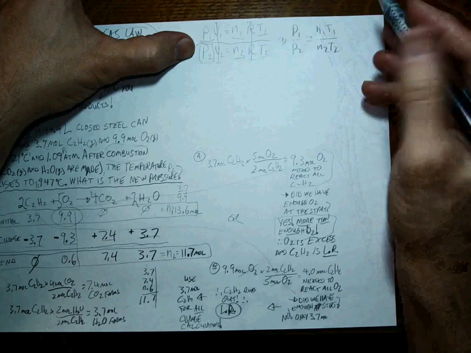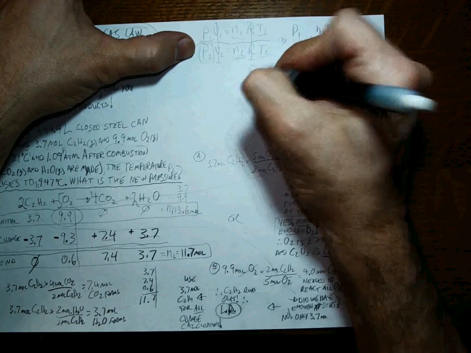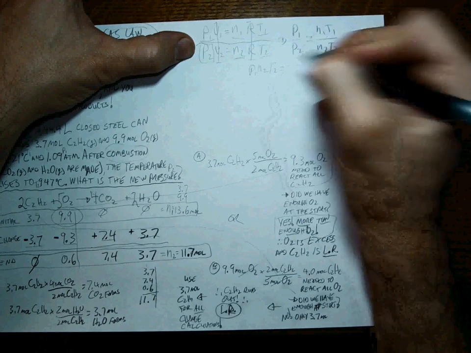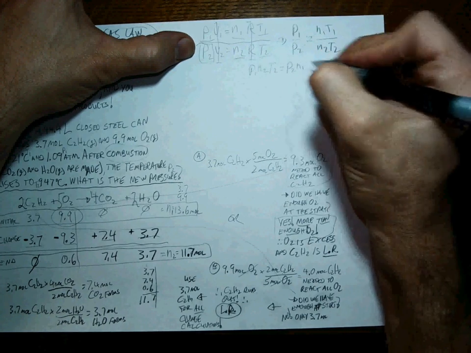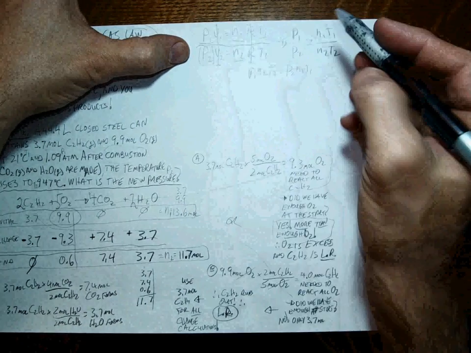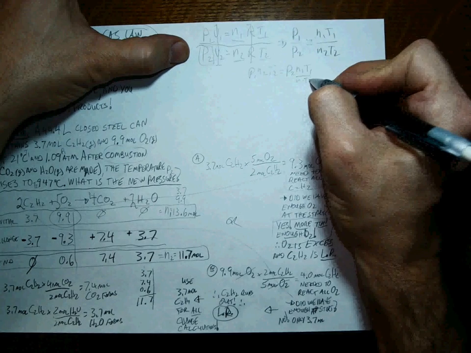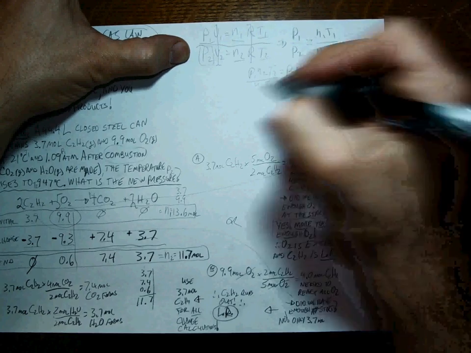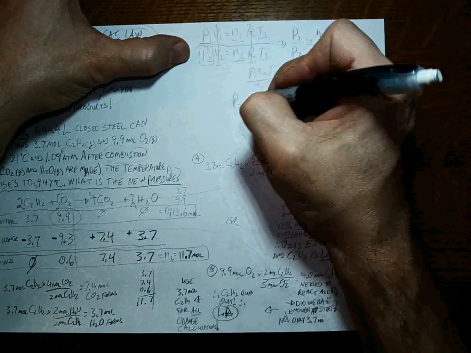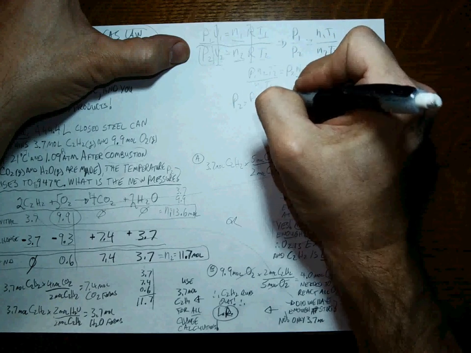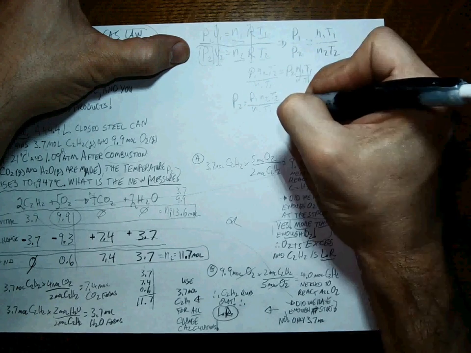Cross multiply through the equal sign gives us P1 N2 T2 equals P2 N1 T1. We're solving for P2. Divide both sides by N1 T1. P2 is equal to P1 N2 T2 over N1 T1.